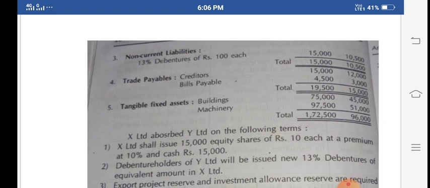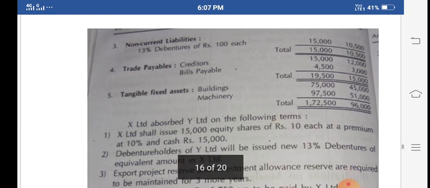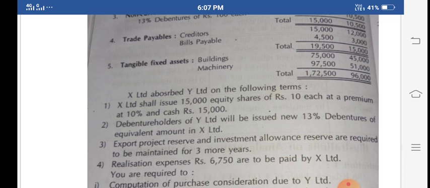Now see the other information given. First, X Limited shall issue 15,000 equity shares of rupees 10 each at a premium of 10%, and cash rupees 15,000. So how many shares is X Limited issuing?